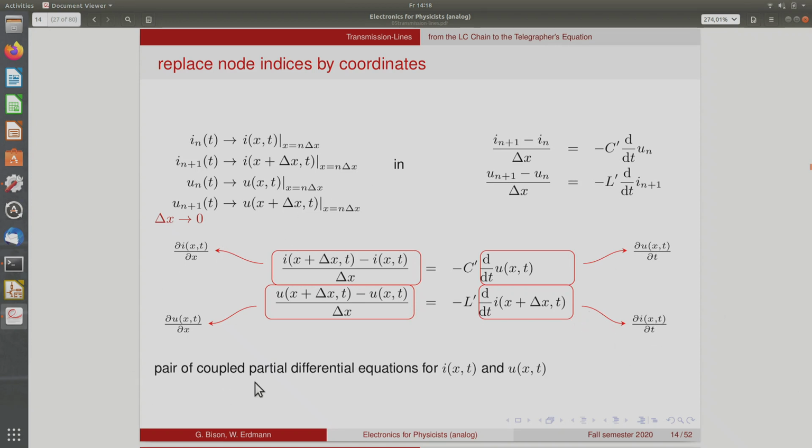So now we have a pair of coupled partial differential equations for I of x and t and U of x and t, which is equivalent to our set of 2n discrete equations, but now expressed in the limit of delta x going to 0 as a partial differential equation.